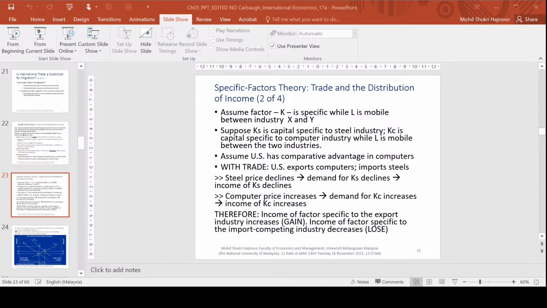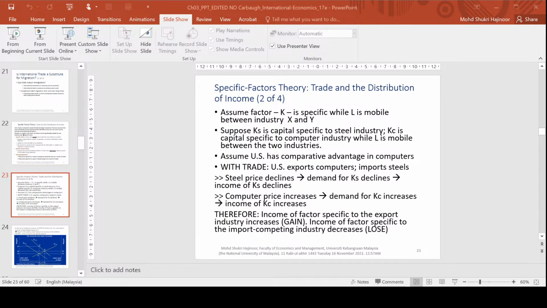If L will gain... if these laborers are crazy about using computers or buying computers, which is what the US exports, whose price is increased, L will lose from international trade.